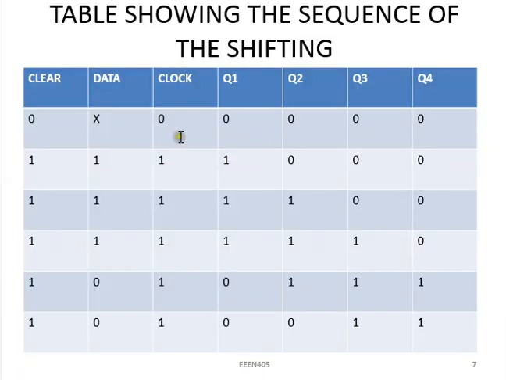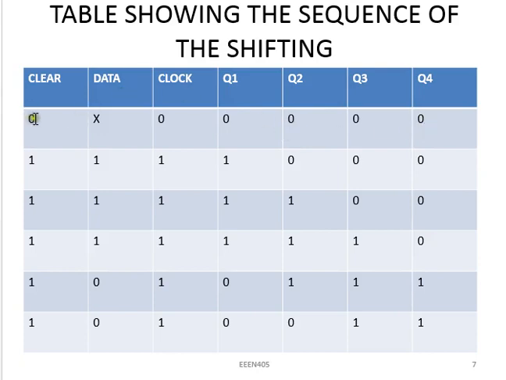This table is a typical illustration of how the content of the serial load register changes. In the first place, when your clear is equal to 0, all your Qs, that is Q1, Q2, Q3, and Q4, should be reset to zeros, whatever was their previous value.